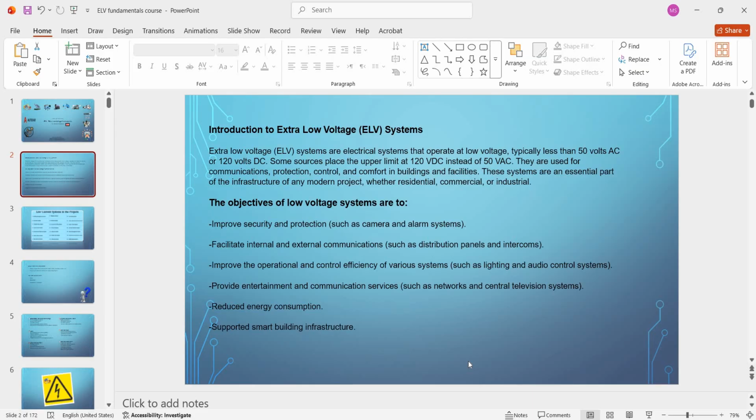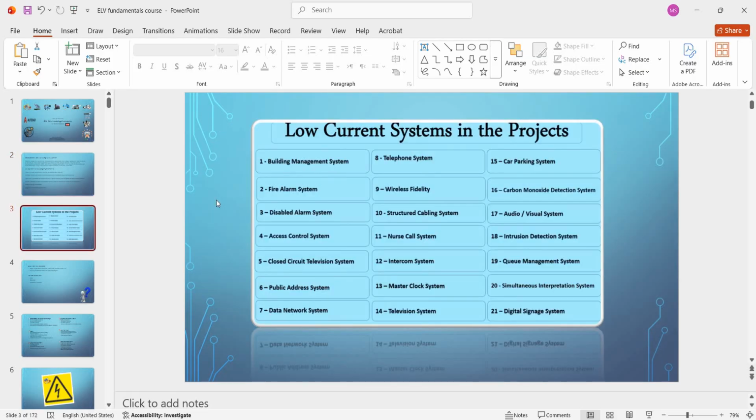We can also provide entertainment and communication services, such as network and central television systems. Also, we can use ELV systems to reduce energy consumption and to make a smart building infrastructure. In this slide, we have many low current systems, 21 of them.